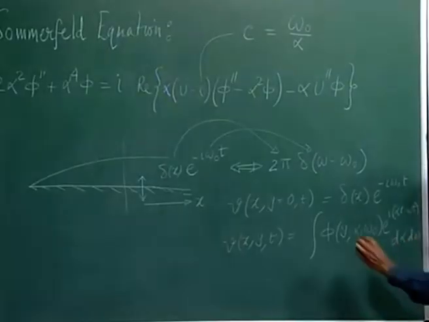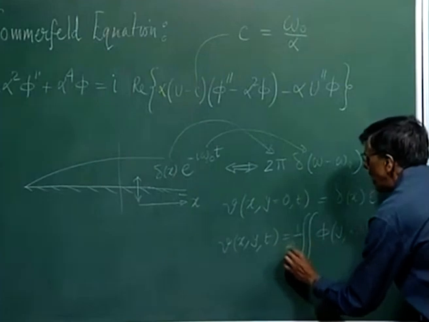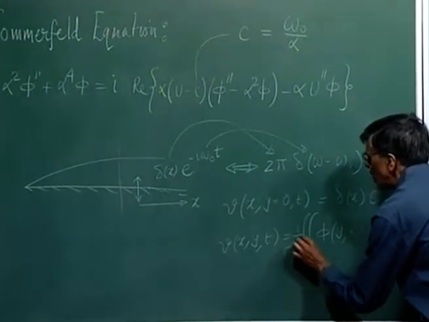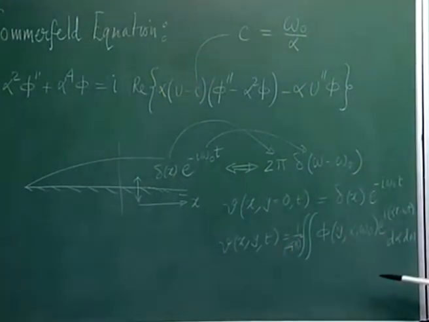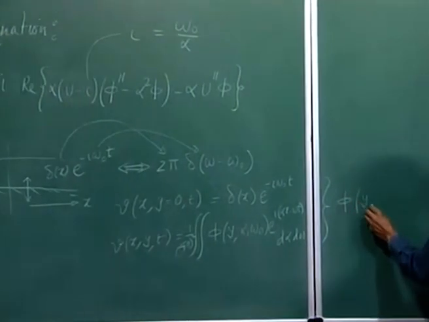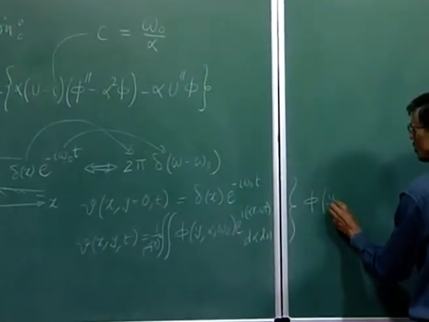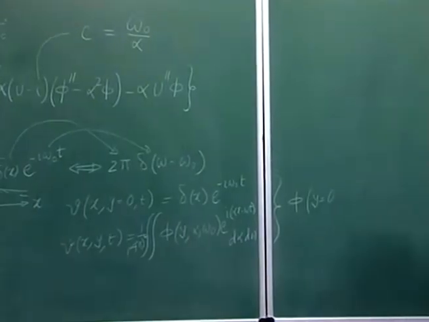This was our definition, right, and we had 1 over 4 pi square, and this was the expression that we had. So, now if I club these two together, what will it give? It will give me phi at y equal to 0, because we are applying it at the wall.